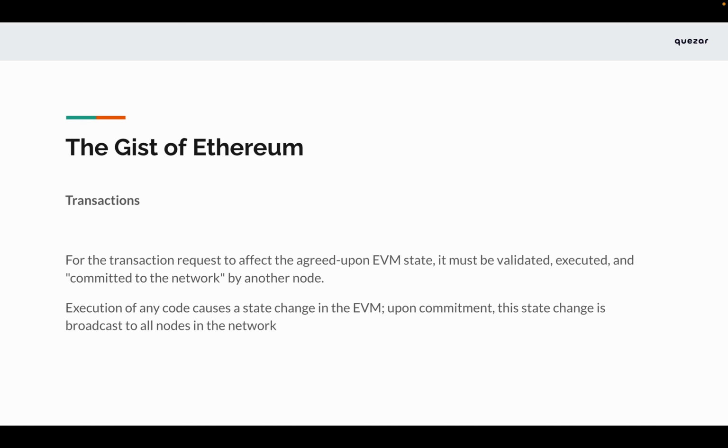And for the transaction request to actually carry out a change on the EVM state, it is first validated, executed, and committed to the network by some other node, and then this execution of code carries out a change in the EVM, which is then stored by all of the nodes in the network.